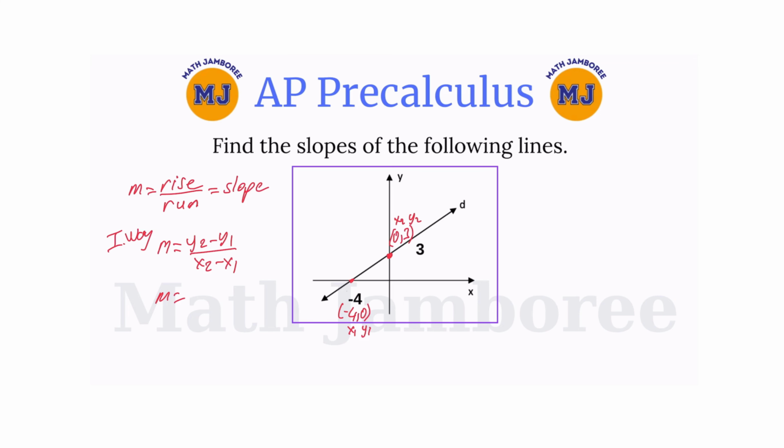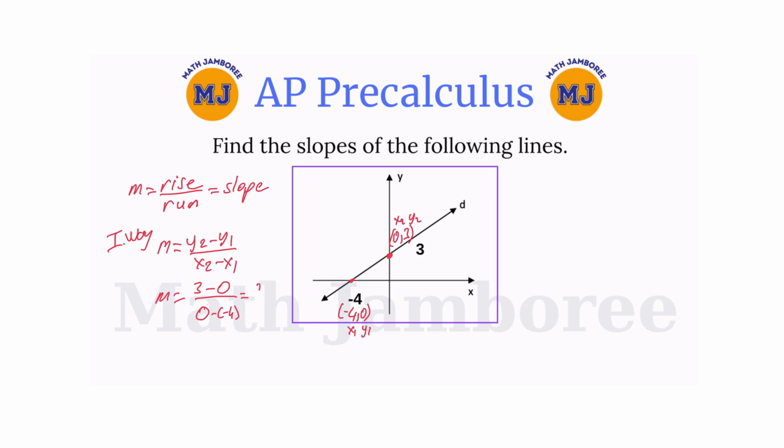If you put the values in, 3 minus 0 over x2 minus x1, so this is supposed to be vice versa, x2 is 0 and x1 is -4, so 0 minus -4.